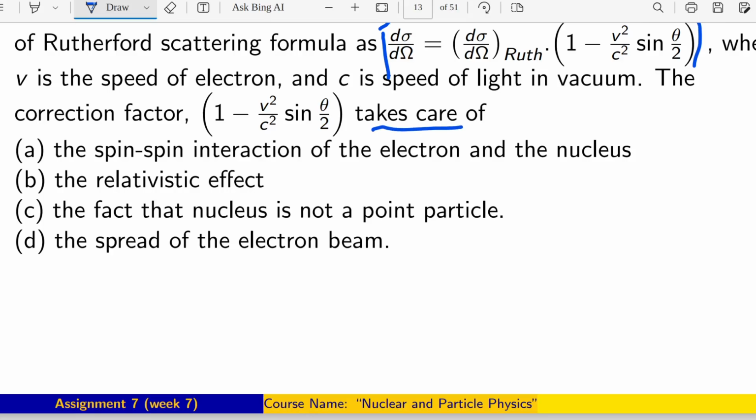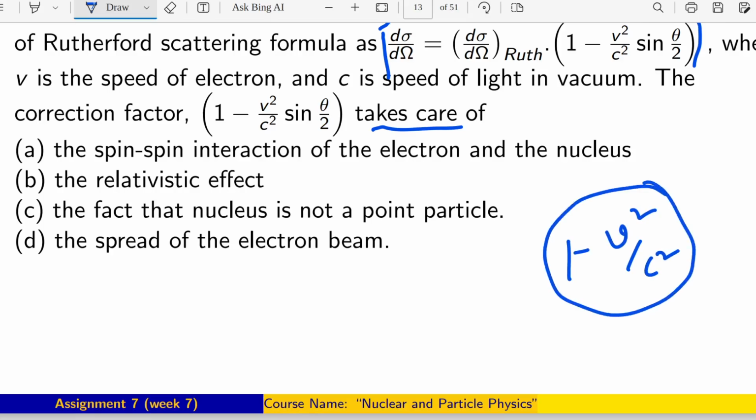Is it the spin-spin interaction of the electron and nucleus? Is it the relativistic effect? Is it the factor that the nucleus is not a point particle? Or is it the spread of the electron beam? So obviously you can remember that there is 1 minus v square by c square. Let's say theta is 0 degree, then 90 degree, and then theta by 2.